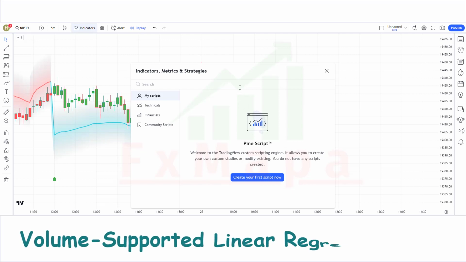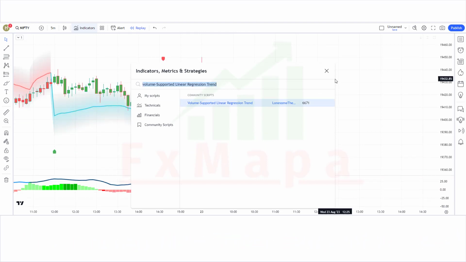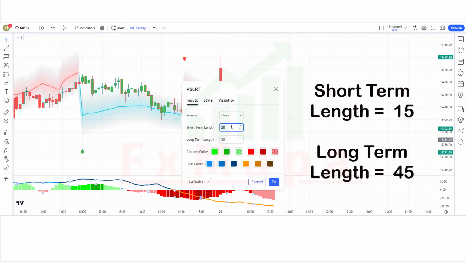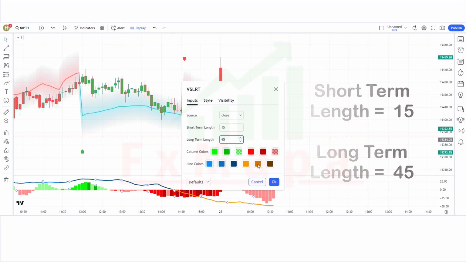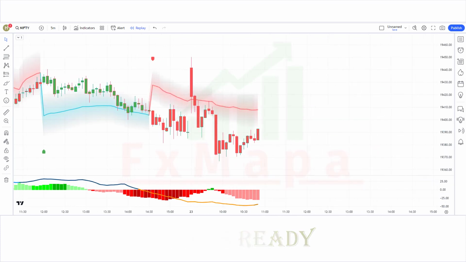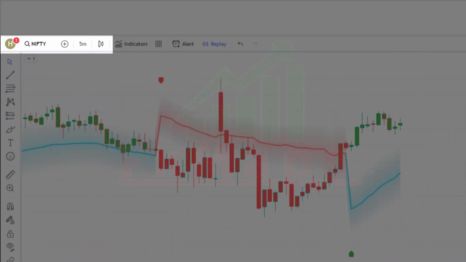Second indicator name is Volume Supported Linear Regression Trend. Keep the indicator setting as I have shown here. Setup is ready. We are going to test this strategy on the 5 minute time frame in the Nifty chart.